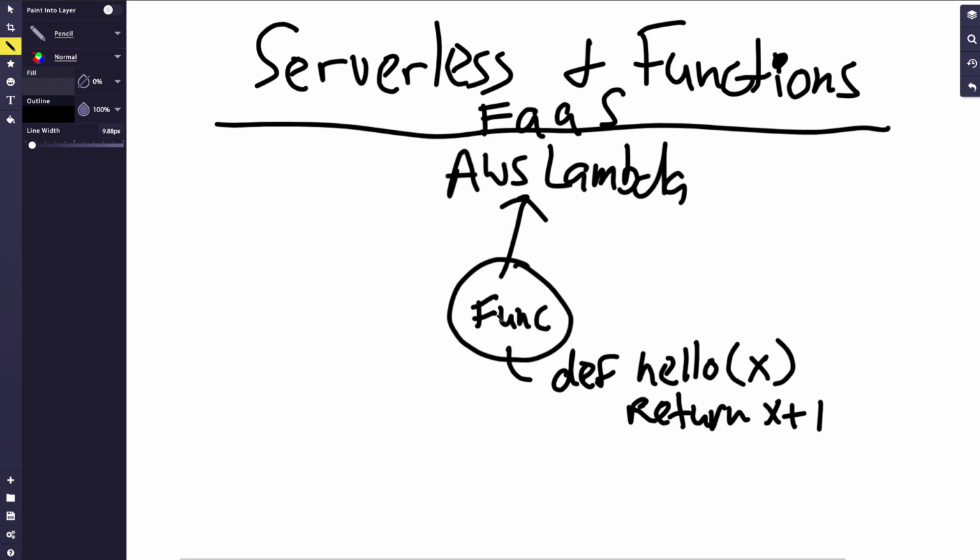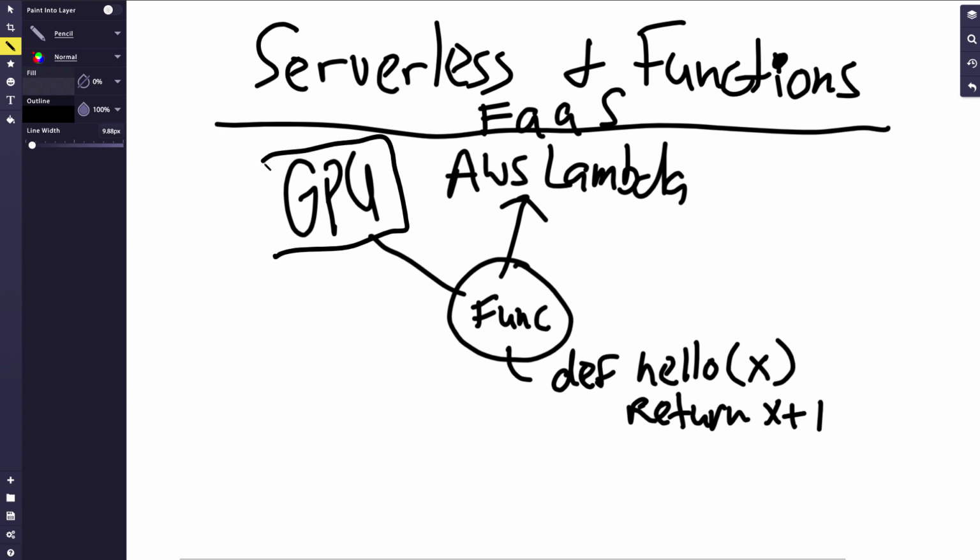Now, the concept of a function is a very interesting concept, because outside of just building things in the cloud, this concept of a function also can be applied to other computer science techniques. In particular, let's say that you want to do GPU programming, and I'm going to show you an example of this in a second.